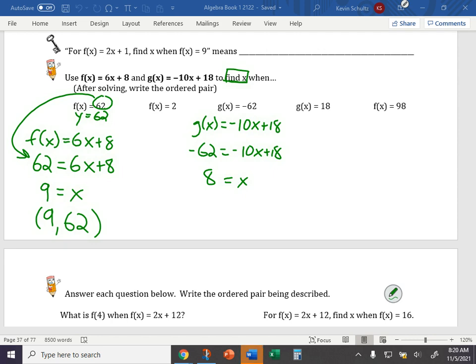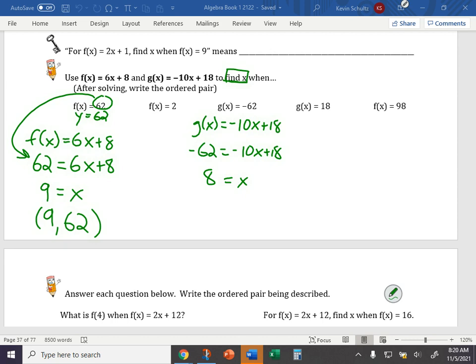Right? In the first notation that we talked about, it gave us the x value and we solved for y. This is how you would use function notation to be given the y value, the output, and solve for x. And again, the key here is that it literally says find x. Subtracted 8 from both sides and then divided by 6.